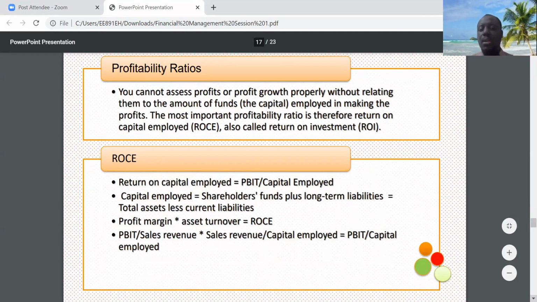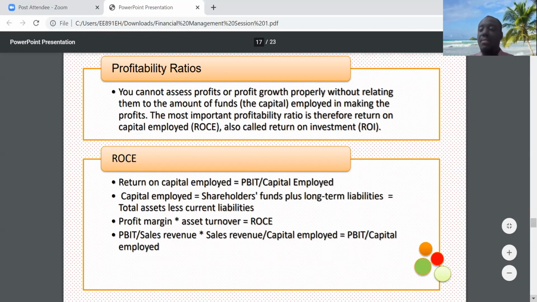Return on capital employed is simply your profit before interest and taxes divided by your capital employed. Like we said, you cannot assess profit properly without relating it to the capital employed in making the profits.